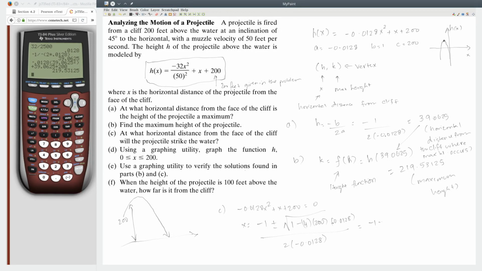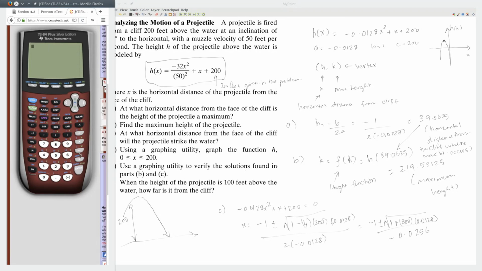So we'll have minus 1 plus or minus the square root of 1 plus 800 times 0.0128, over minus 0.0256.